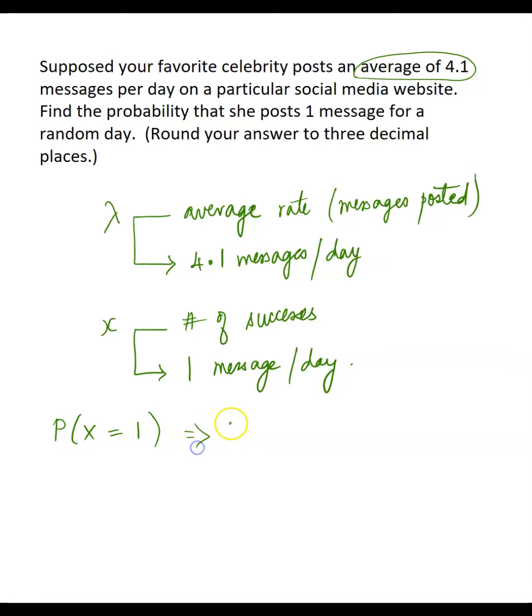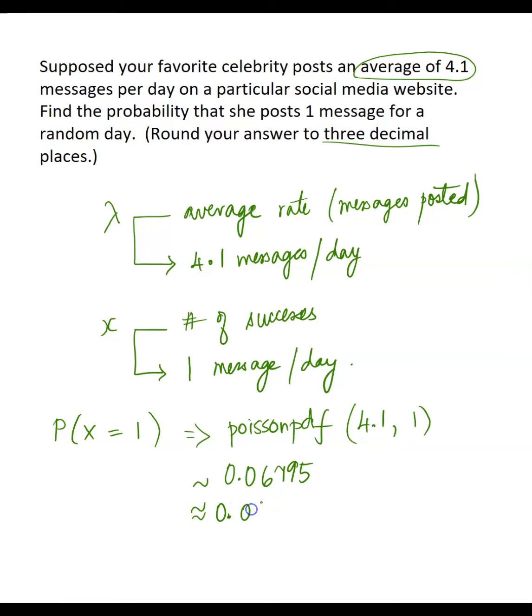So this is kind of easy, where you just use Poisson Pdf, and for lambda you enter 4.1, and for x you enter 1, hit enter, and you get 0.06795, etc. But remember, we have to round it to 3 decimal places: 0.068.